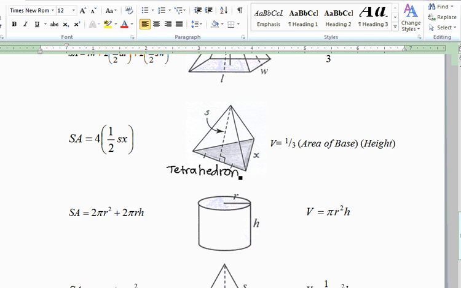Tetra means four. They have four of the same faces. Does anyone want to take a guess what this S means? Slant height. Yes, this S is the slant height.